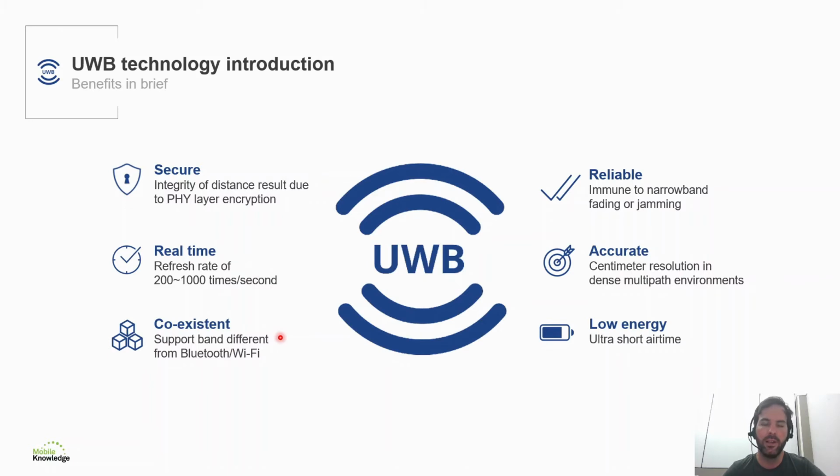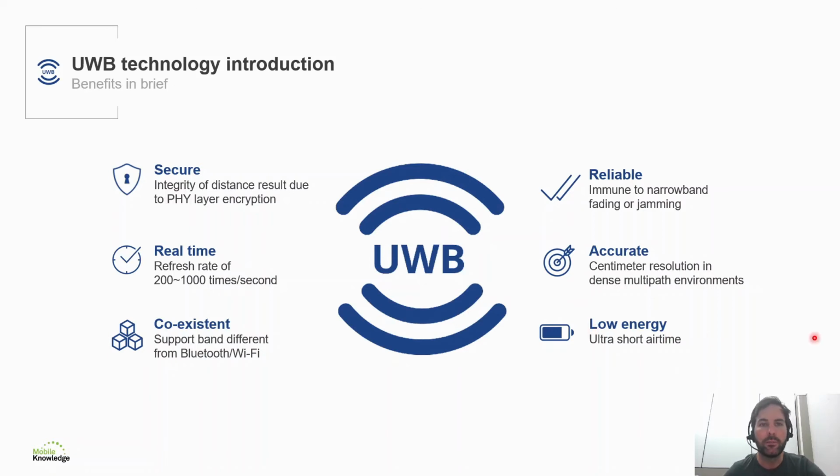It coexists very well with Bluetooth and Wi-Fi technologies due to the wide frequency band used by ultra-wideband. It is reliable and immune to narrowband fading and shadowing. It is accurate, providing accuracy at centimeter level, even in dense multipath environments, and it uses very low energy to do a very short pulse transmit over the air.